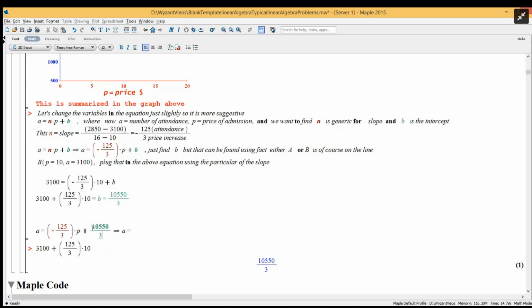So that's the basic equation of the line, and let's summarize it here.